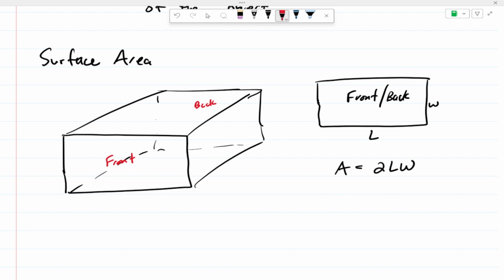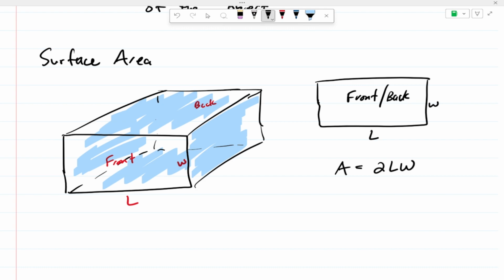So let's try to label this length and width. Now, using a highlighter here, we have the right side, we have the top, we have the bottom, and then we have this far left side here. Now, those are going to be paired up as well. So for example, let's just do the sides here. Oops, wrong marker.